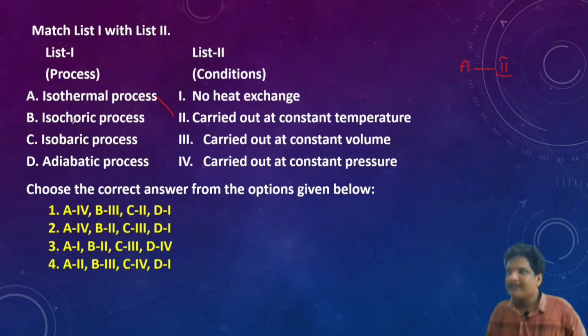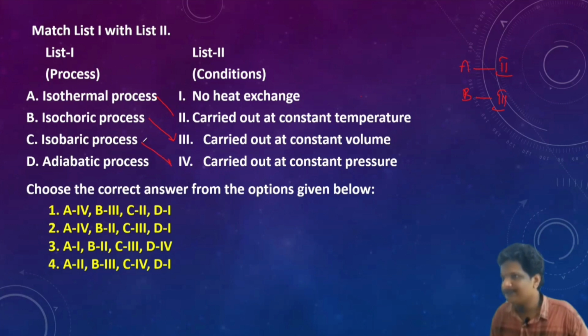Isochoric process is carried out at constant volume. That means B is 3. Isobaric process is carried out at constant pressure, so C is 4.